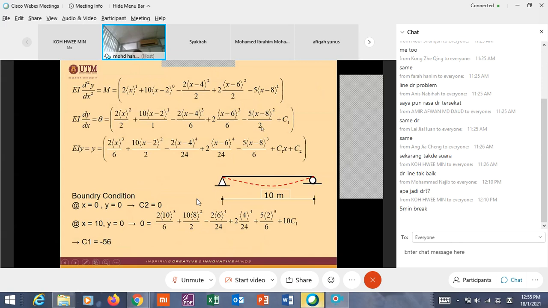Simple. Plus C1 and so on. So you have C1 and C2. You see the difference here? This one is 1, but this one is 0.